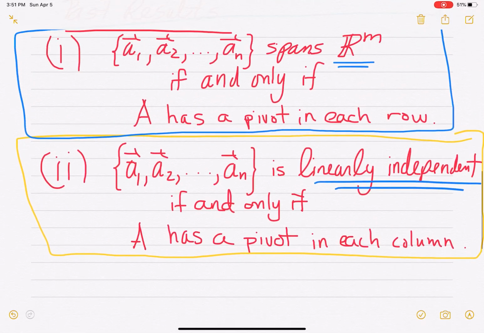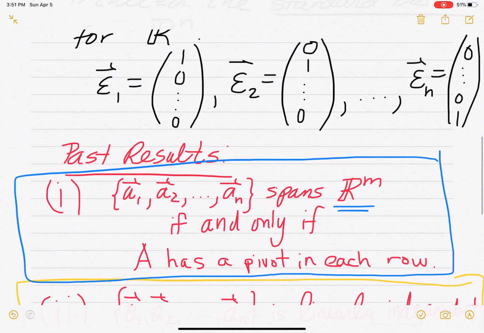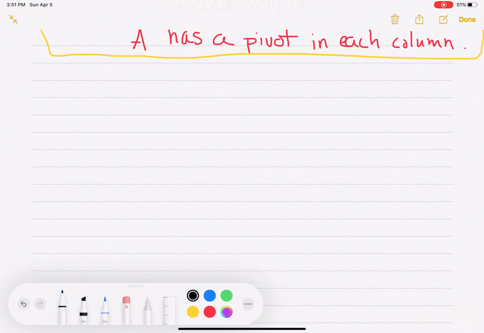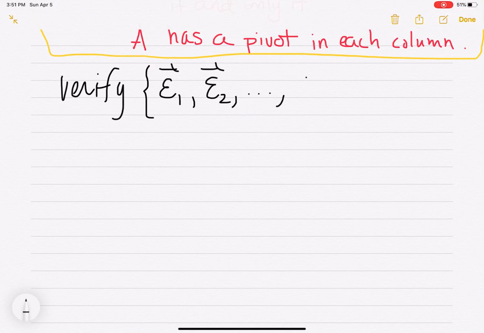So earlier we said that these vectors, epsilon 1, epsilon 2, through epsilon n, form a basis, right? Let's actually verify that epsilon 1, epsilon 2, through epsilon n is a basis for Rn.